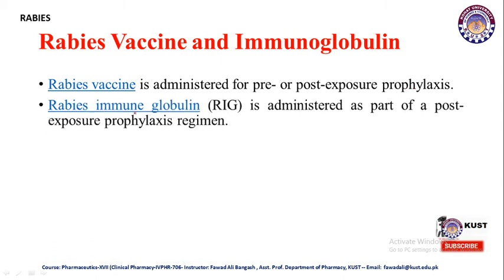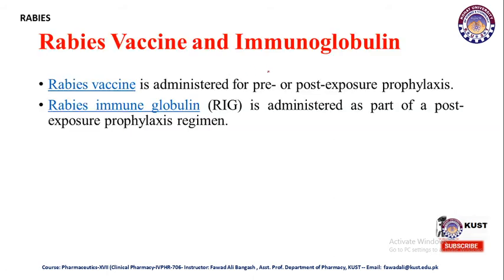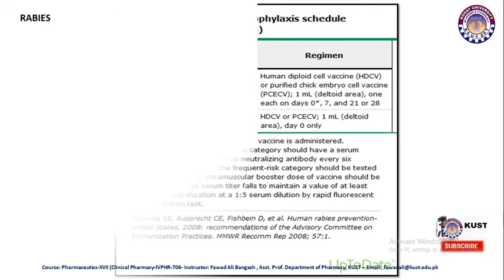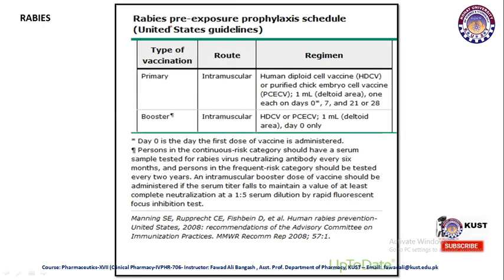Rabies immunoglobulin is administered as a part of the post exposure prophylaxis regimen. So the vaccines are administered for pre or post exposure prophylaxis, while rabies immune globulin is administered as a part of the post exposure prophylaxis regimen.